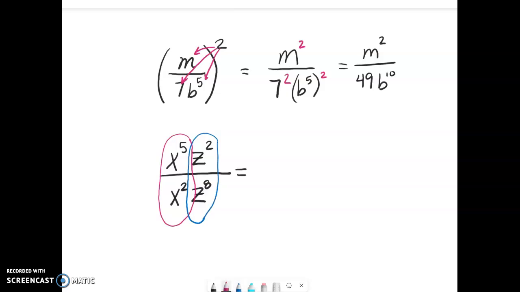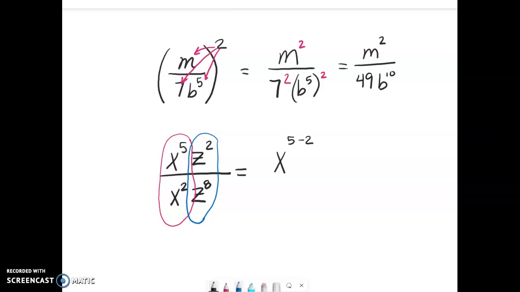And so the x's here, this property we talked about last week, this is like bases. They are divided. It's the division of like bases. So what I do is I rewrite the x, and then I take the numerator exponent and I subtract the denominator.